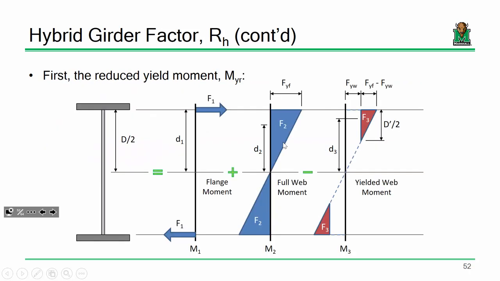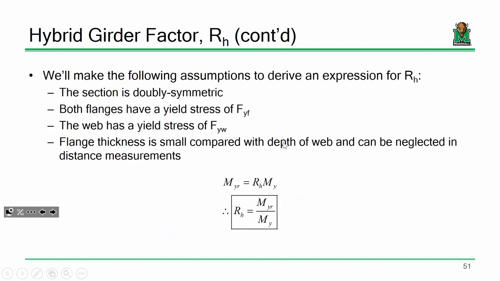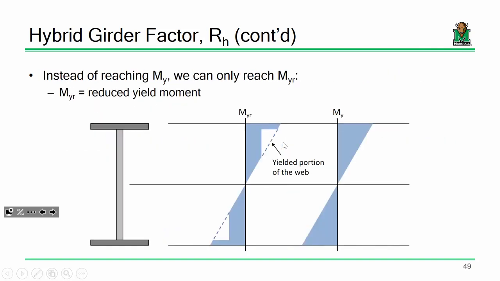Now, there's a lot going on this slide, so let me explain what's going on. So I propose that if I look at this reduced yield moment, let me go back to this right here. I propose that this reduced yield moment is a function of three quantities. It's the moment that I'm getting in the flanges, it's the moment I'm getting in the web, but then I have to subtract out whatever part of the web has yielded. Does that make sense?